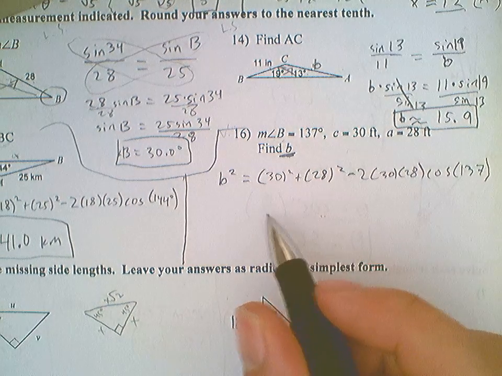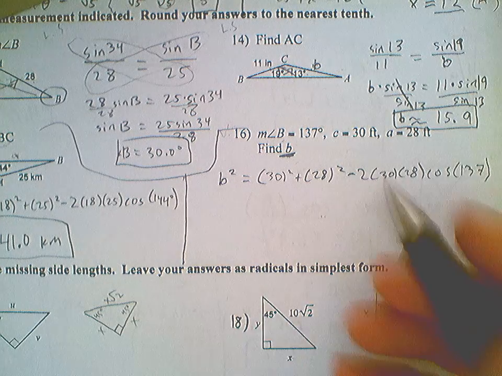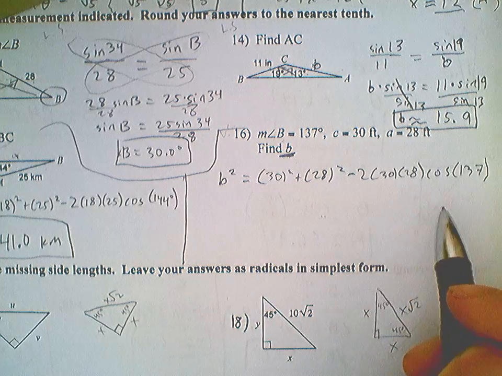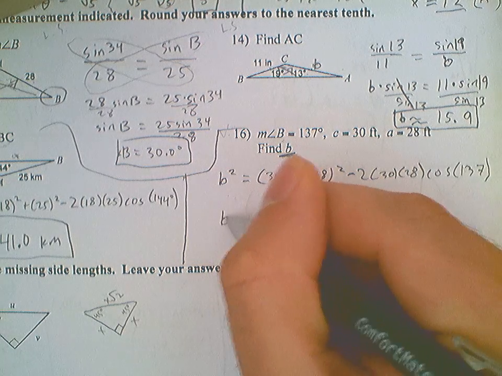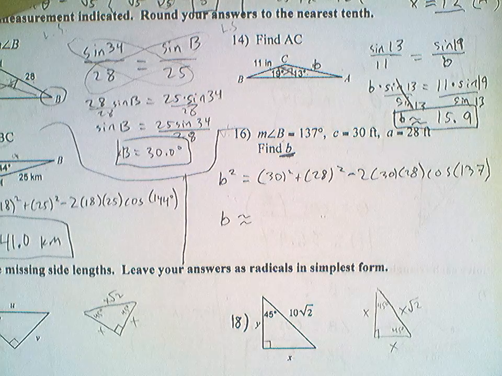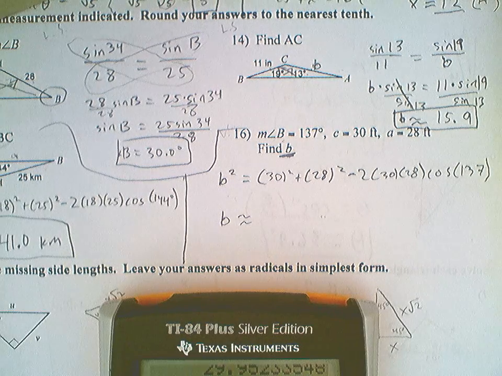So this is very similar to number 15 here. I know everything over here, and B is being squared. So to finish finding B, I'm going to take the square root of it.